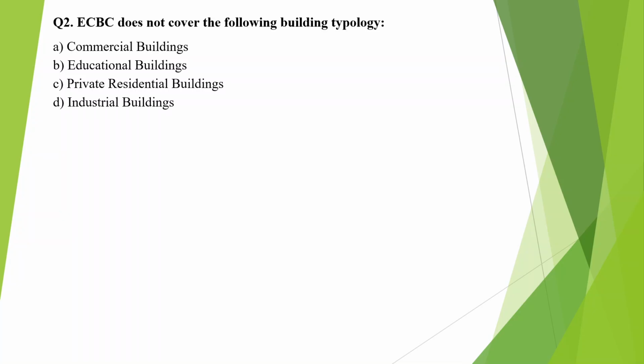Again, this question can be answered based on the discussion that we just had. So I hope if you were part of the discussion, then you will be able to answer it correctly. Question number two.